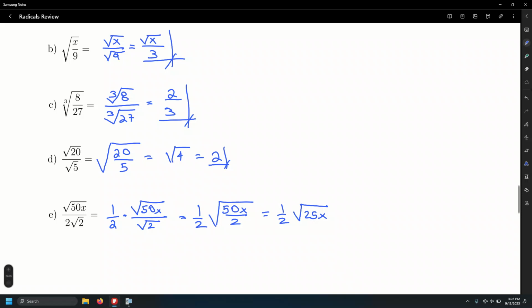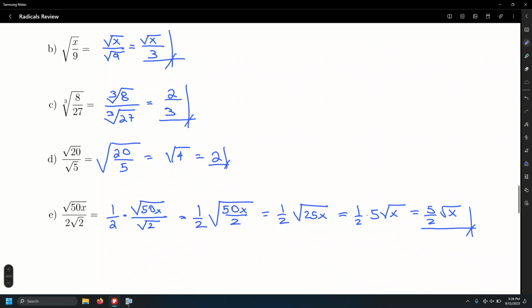The index, the gatekeeper, is asking for a 2, but this x has only a 1. It's not powerful enough, so that's going to stay in. Only the 25 is going to go out. That's 1/2 times 5 root of x, and you may not want to leave it like this. How about instead 5/2 root of x? And that's our final answer here.